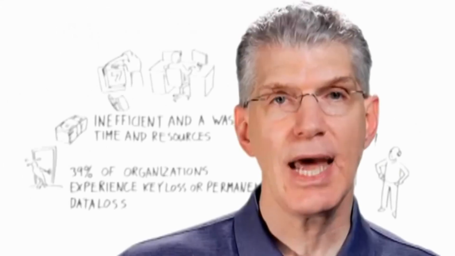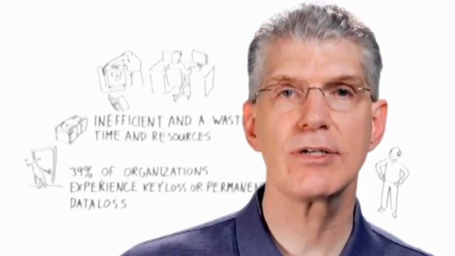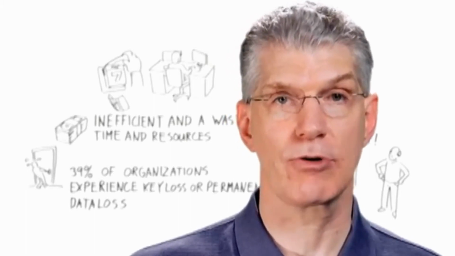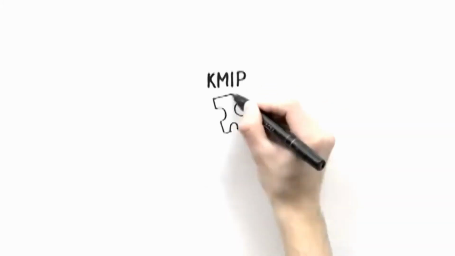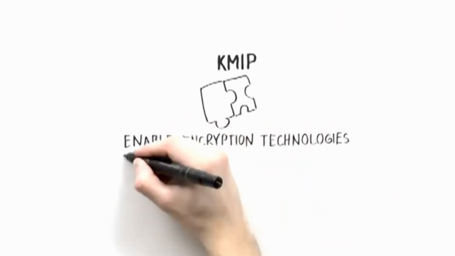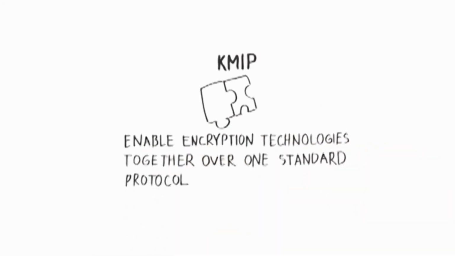Now that we know today's enterprise encryption environment, we can see the critical need for interoperability and standards for how keys are managed across the enterprise. Fortunately, a new standard, the Key Management Interoperability Protocol, or KMIP, has been developed and introduced. The goal of KMIP is to enable encryption technologies and the management platforms that support them to communicate together over one standard protocol.